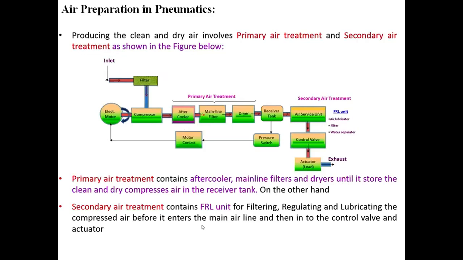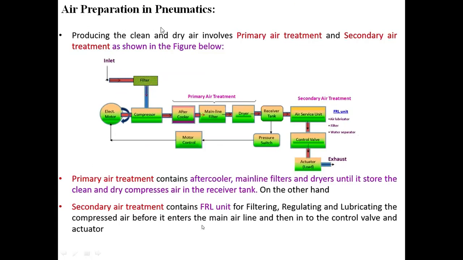Producing clean and dry air involves primary air treatment and secondary air treatment as shown in the figure below. Compressor, electric motor, primary air treatment, secondary air treatment, FRL unit, air lubricator, filters, water separator, exhaust.